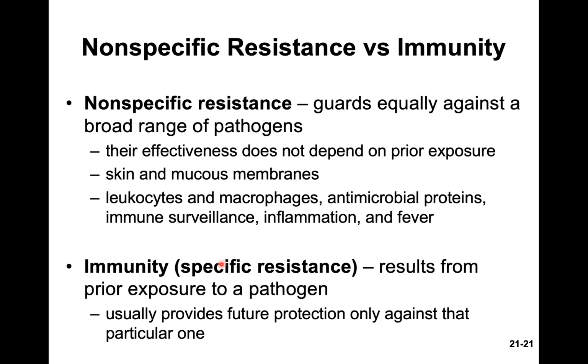These are immune system cells that respond to the presence of specific antigens. The nonspecific immune system works a lot faster, but it's less effective. The specific resistance takes a bit of time to build up its response, but it works very, very well.